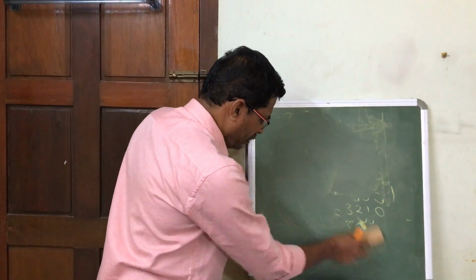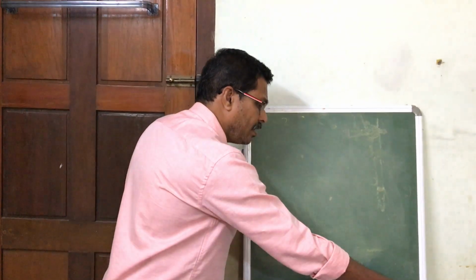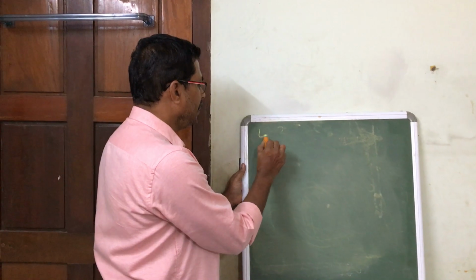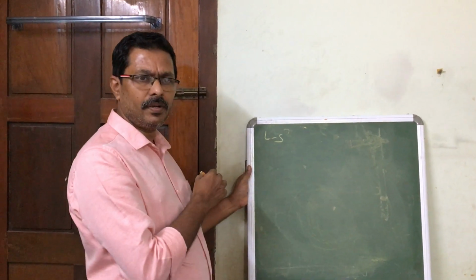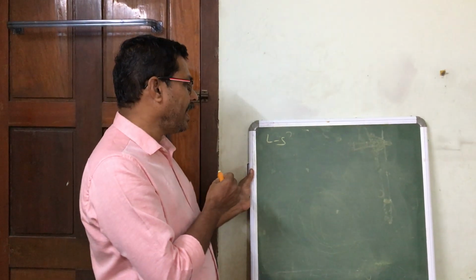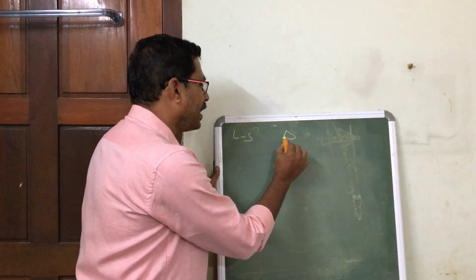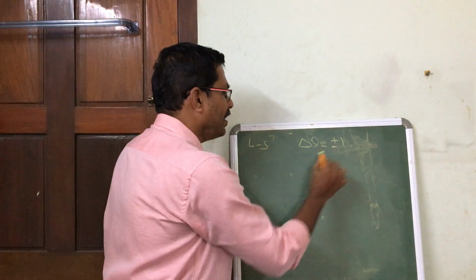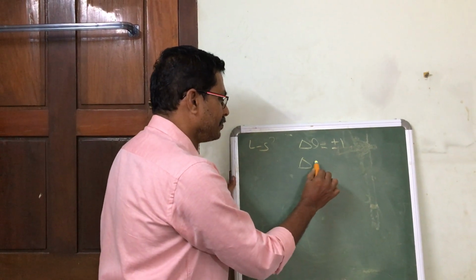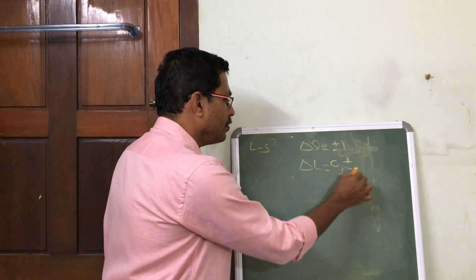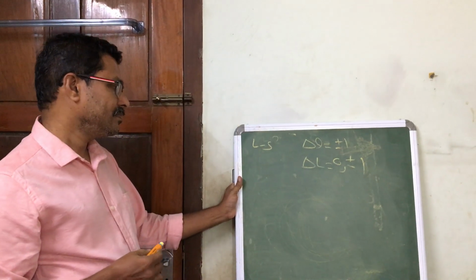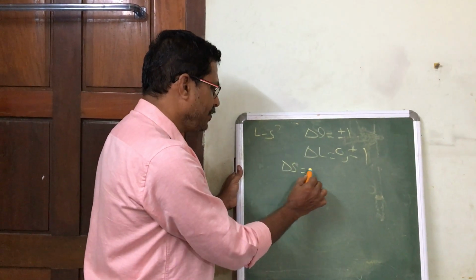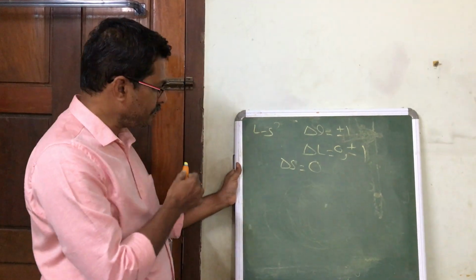And now a few words about the selection rules. In LS coupling we have the selection rule delta L equal to plus or minus 1, and delta L as 0 plus or minus 1. And always the selection rule for delta S, as we know, is equal to 0.